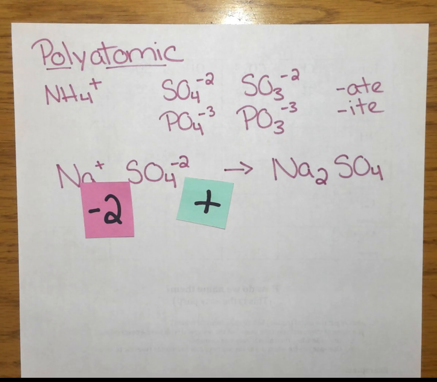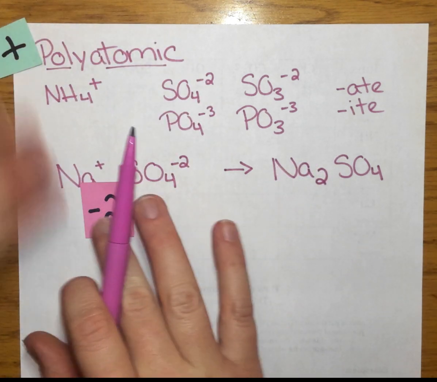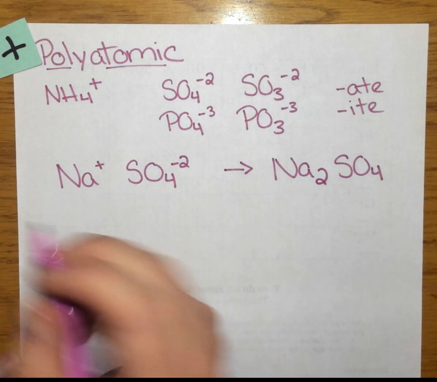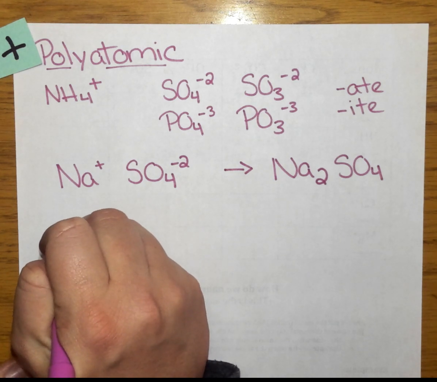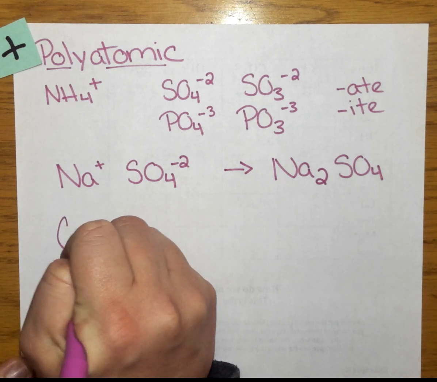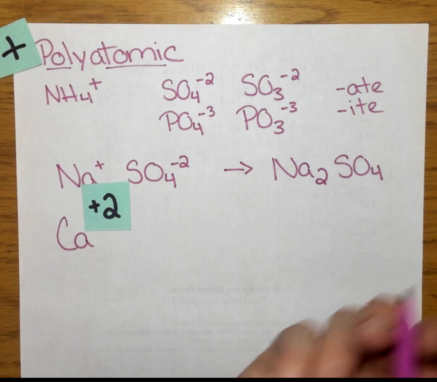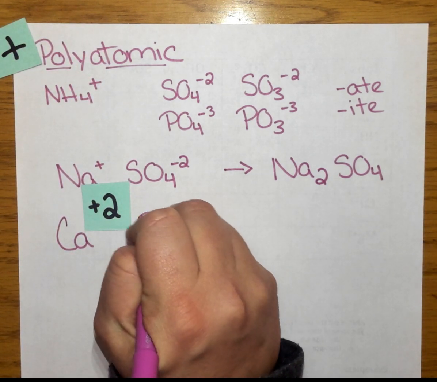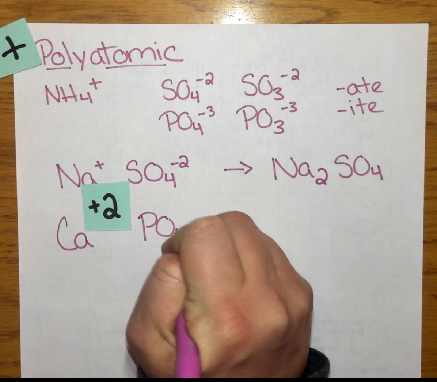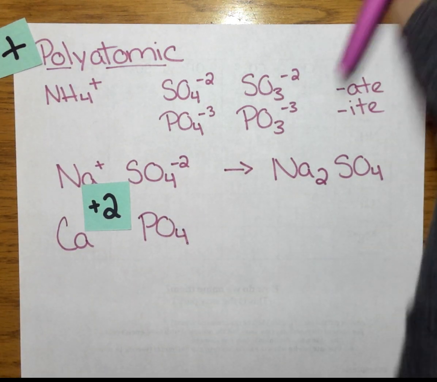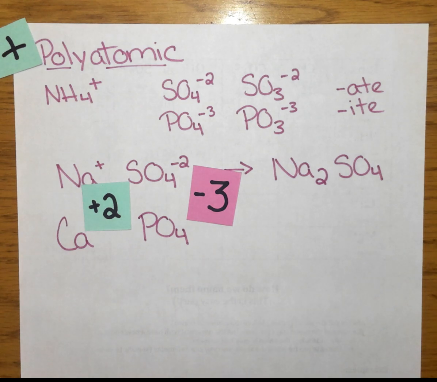These get a little tricky when we need multiples of the polyatomic ion. So let's try another example. If I wanted to put together calcium, which is a +2, with phosphate, which has a -3 charge, okay?